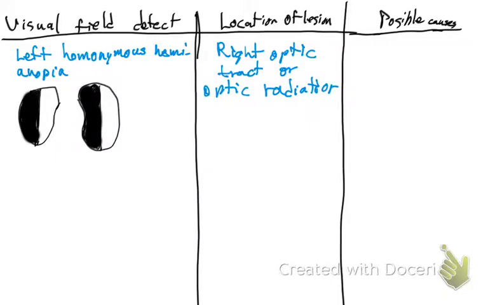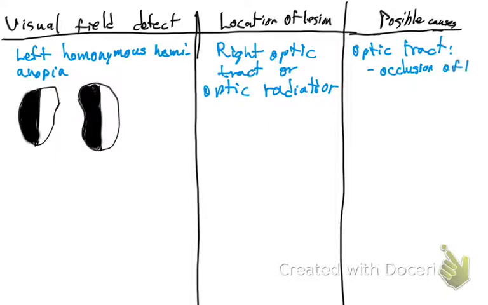Let's just talk about if the lesion is in the optic tract. What do you think? So if the lesion is in the optic tract, what are the causes? That could be an occlusion of the anterior choroidal artery.